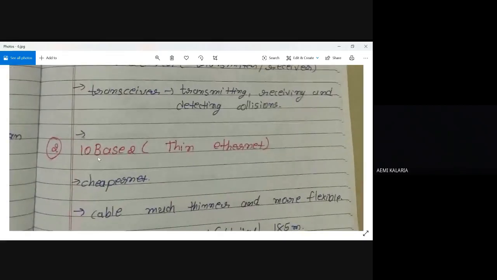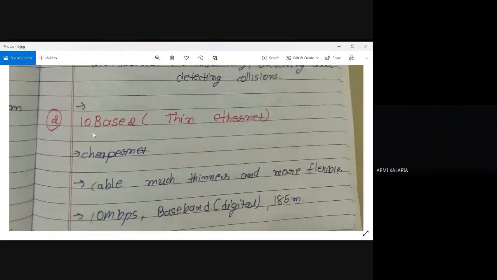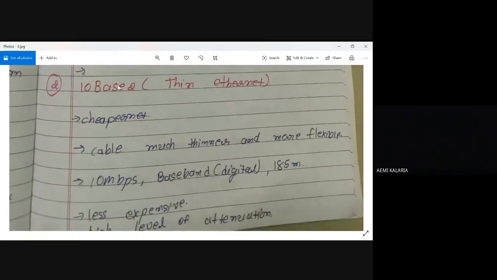Now, what is this 10 base 2? The second type. 10 base 2 means thin Ethernet. We can call it cheapernet. The exact length of that Ethernet is 185 meter only, right? So 10 Mbps speed, baseband means digital communication, and 185 meter length. The cable is much thinner and more flexible.